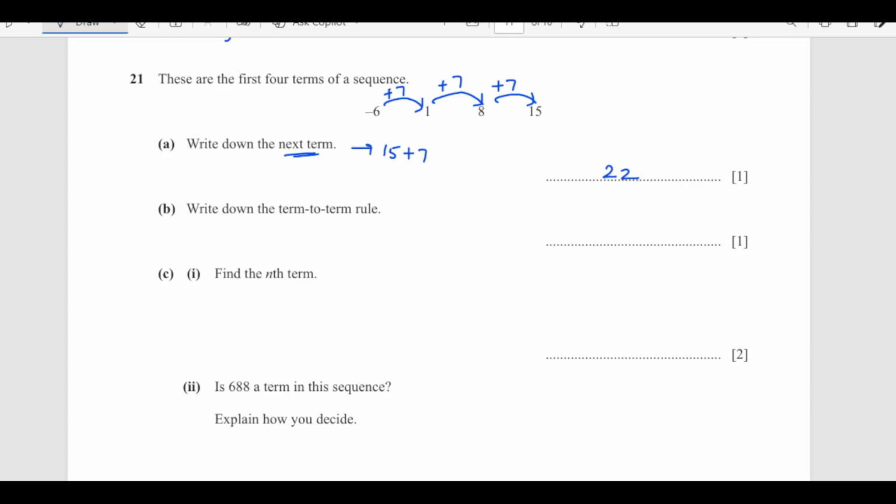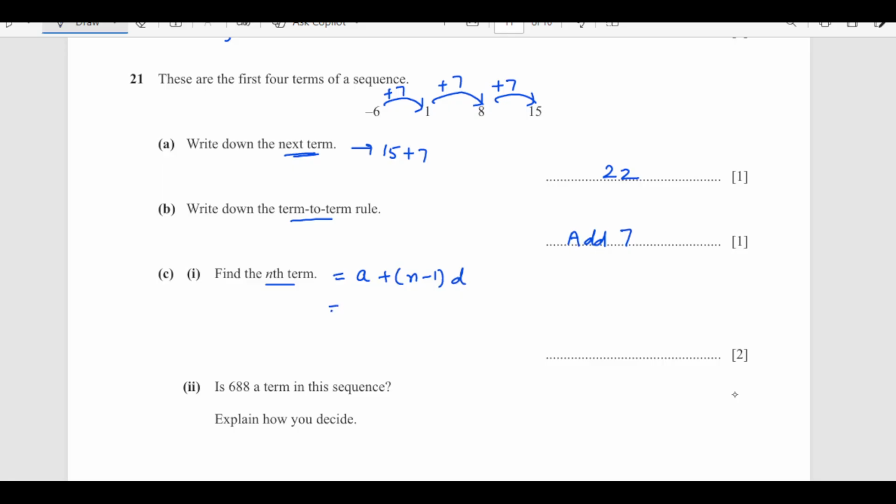Now next, write the term to term rule. As we have done, we are getting the next term by adding 7, so we will just write here add 7. That is the rule. Now for the nth term we have the formula a plus n minus 1 times d, where a is the first term and d is the common difference.